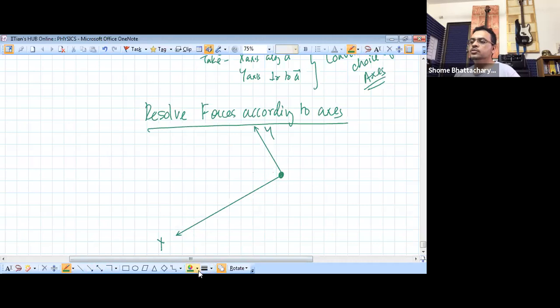So the normal reaction is already resolved, so I don't need to do anything else to it. नॉर्मल रिएक्शन जैसा है उसको वैसे ही रहने देंगे. But mg we'll have to resolve. We'll have to see that mg has an x component and a y component, which we'll now have to calculate.